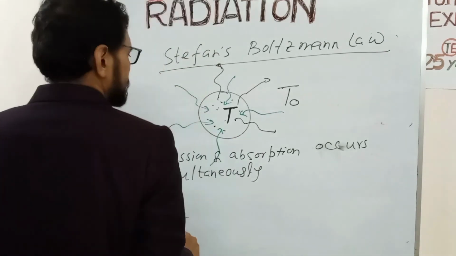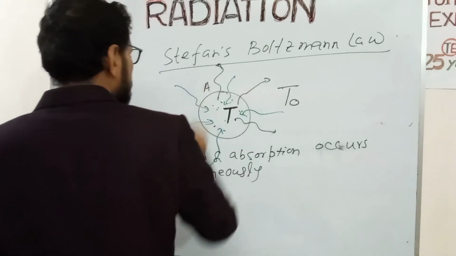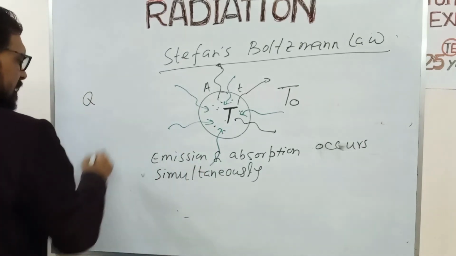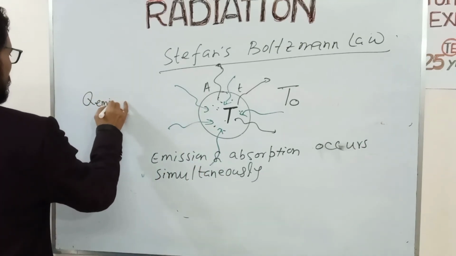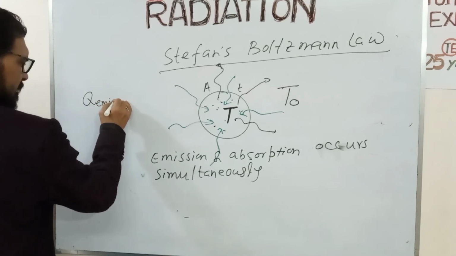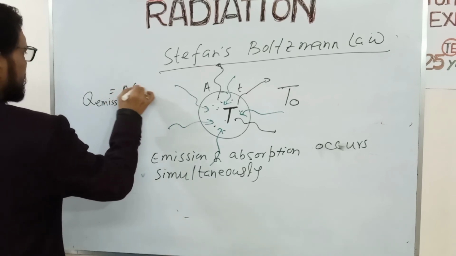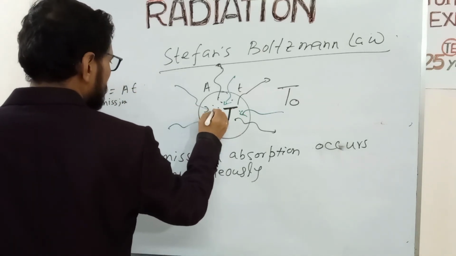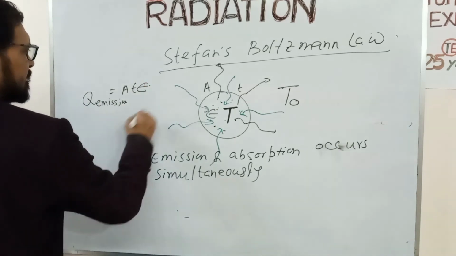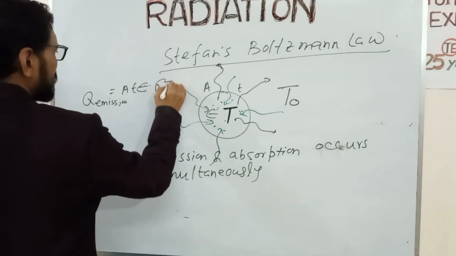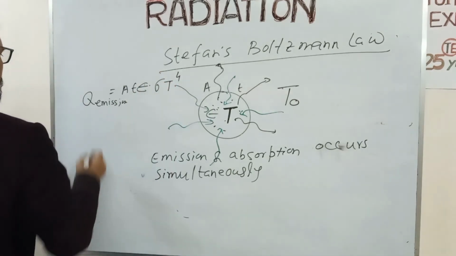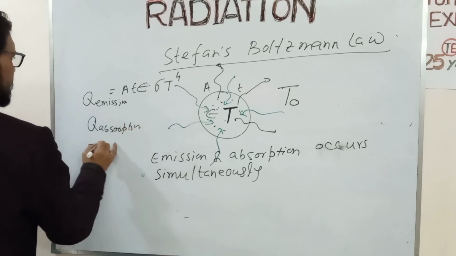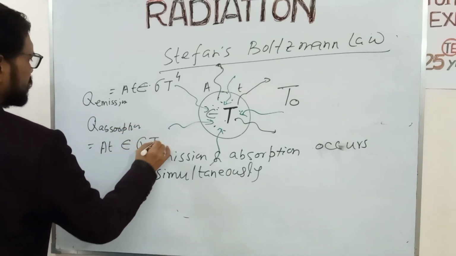So if the area is A, in T seconds, what is the energy emitted? The energy emission is equal to A into T, for a perfect black body, or for any general body where emissivity is given, emissivity into sigma T to the power 4. Sigma is the Stefan constant. The absorption will be A into T sigma T0 to the power 4.